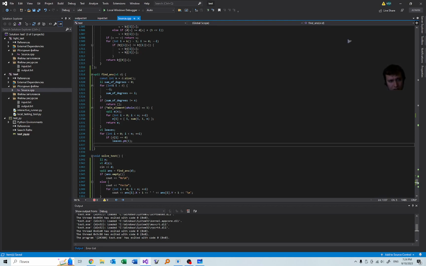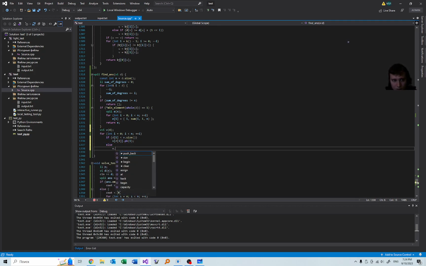Let me just make vertices of degrees 4. So if d[i] is less than v.size, then v[d[i]].push_back(i), else v.back().push_back(i).